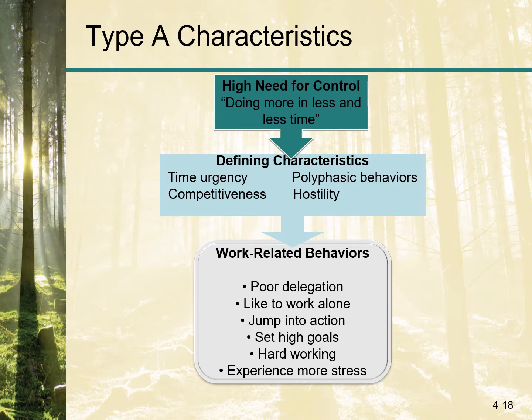So what that does is it leads to this thing called polyphasic behaviors, where they're doing multiple things at once, multitasking essentially, rather than working on one thing at a time. Even though, by the way, you may have heard the recent research that people really can't multitask. They can think that they multitask, but when it comes down to reality, you actually can't multitask. Your brain can only work on one thing at a time.